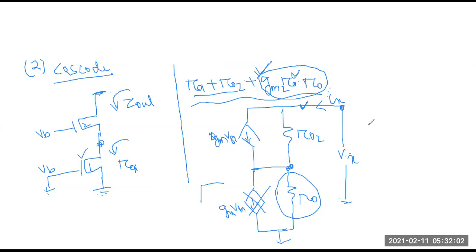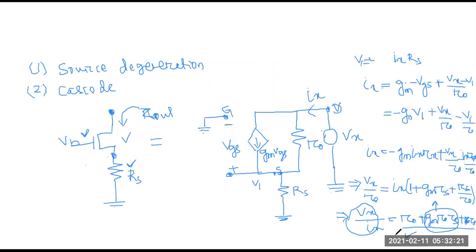From that calculation, suppose this point is V1, and this is Vx. In our previous calculation, Vx is Ix times this whole thing.